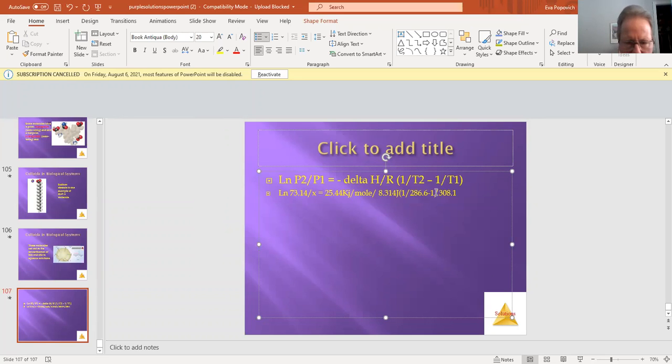Those are both in K, if I'm not mistaken. Let me make sure I have the numbers right. 73.15 at that temperature. Yes, okay. Now it's just a matter of doing the math.